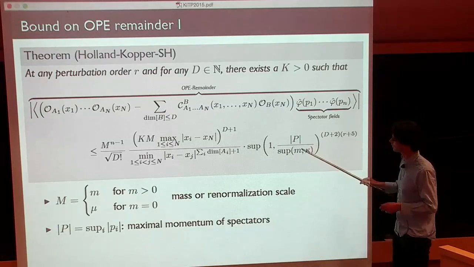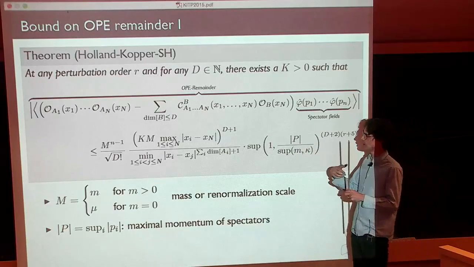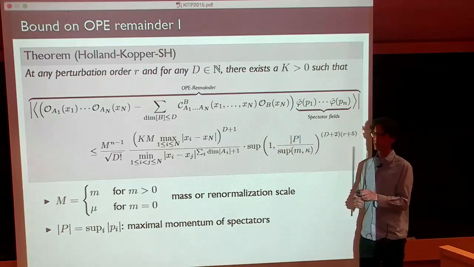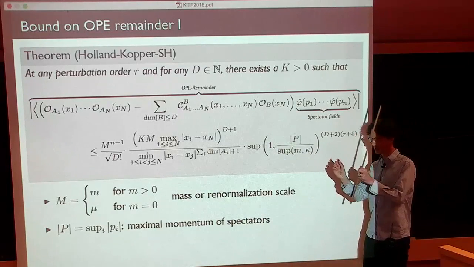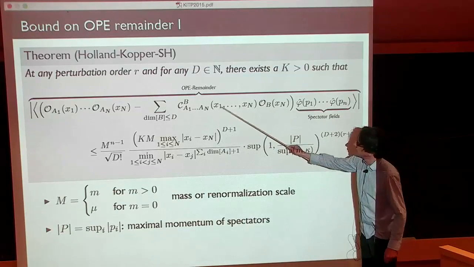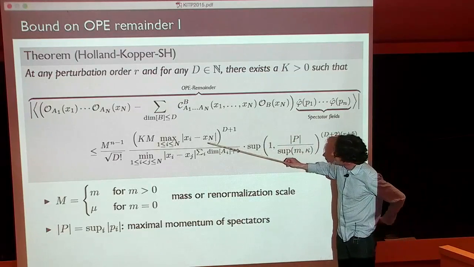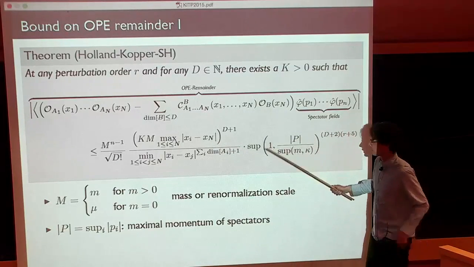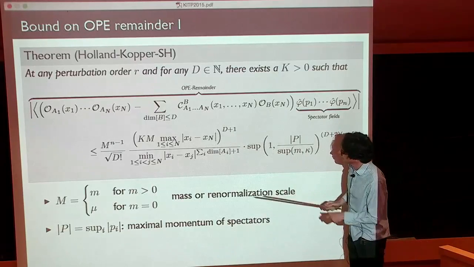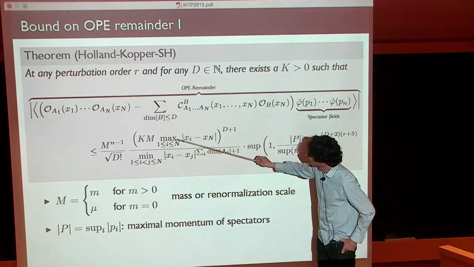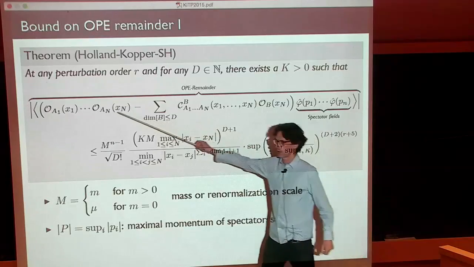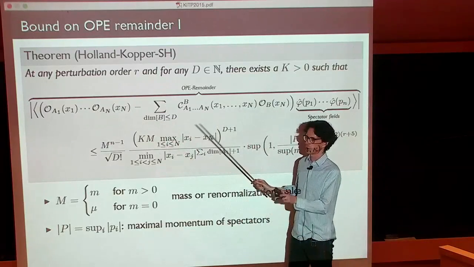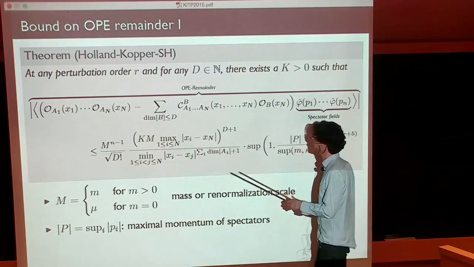The higher the energy of the state is, the worse it gets, and that's plausible because it's a phenomenon of separation of scales. So you need a smaller... What is kappa? I'll say in a minute what kappa is; I'll explain everything. Then you have the maximum of the distance of all the points over some minimum distance.